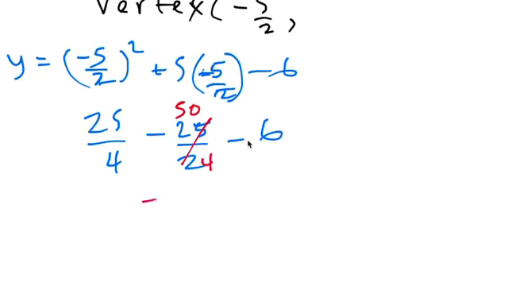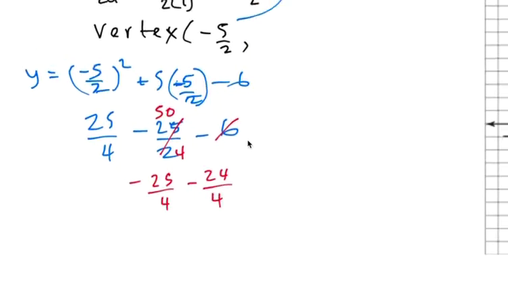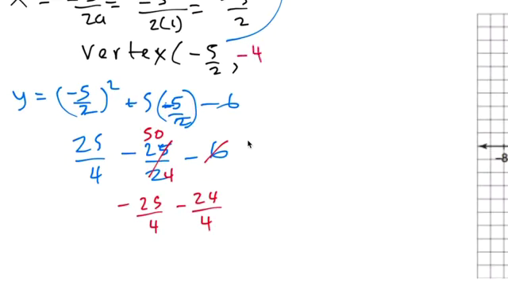Okay, we can do this first. Minus 6, the common denominator is 4, is 24 over 4. We get the vertex of negative 49 over 4, which is negative 12.25.